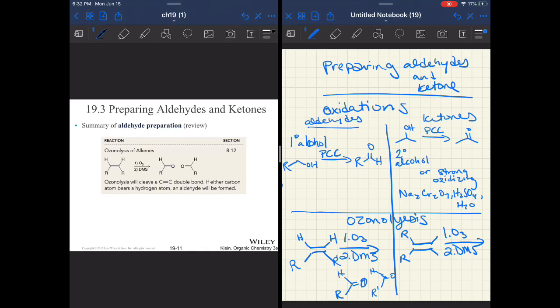Otherwise, you're saying you're just mixing it all together, and either that won't work or something else might happen. So you're going to make ketones and aldehydes this way as well, right? And whether it's a ketone or an aldehyde, again, just depends on what is attached to your double bond.